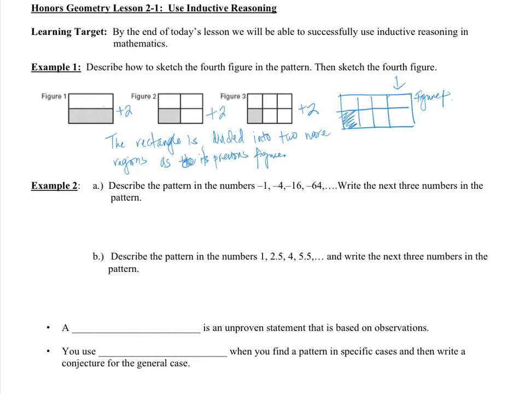Example 2, part A. Describe the pattern in the numbers. -1, -4, -16, -64, etc. Write the next 3 numbers in the pattern. So to describe this, we can say that each number is 4 times the previous number.